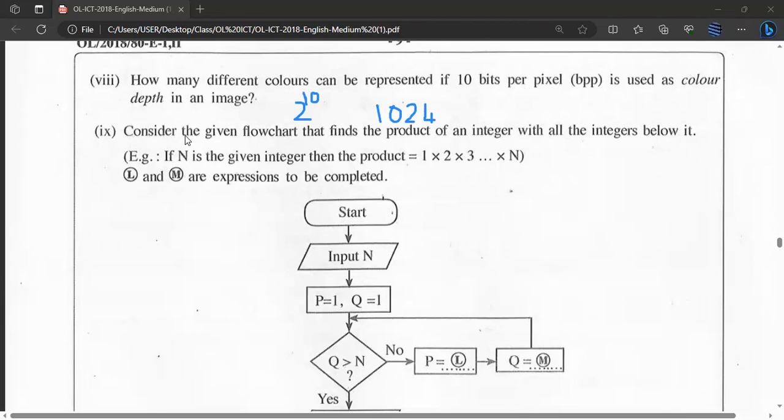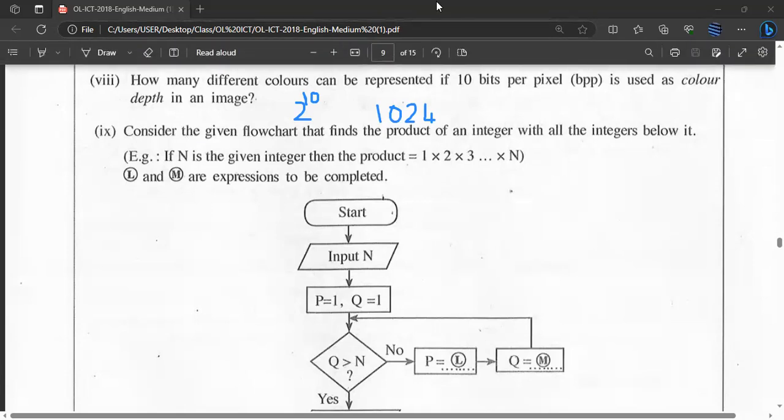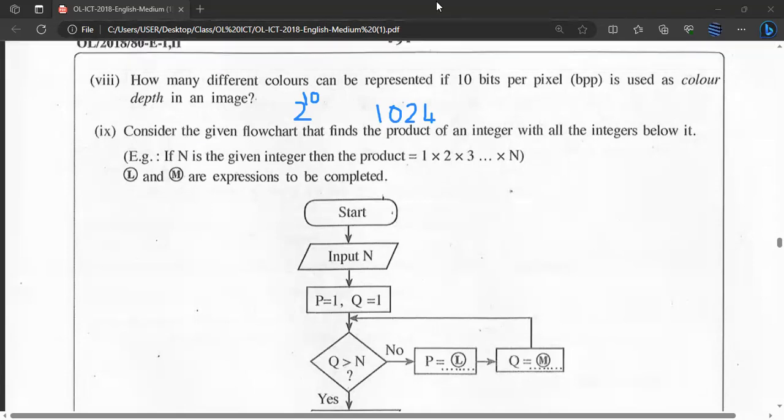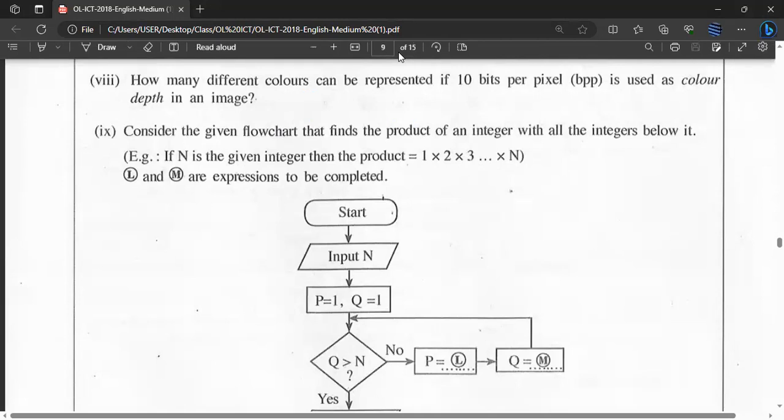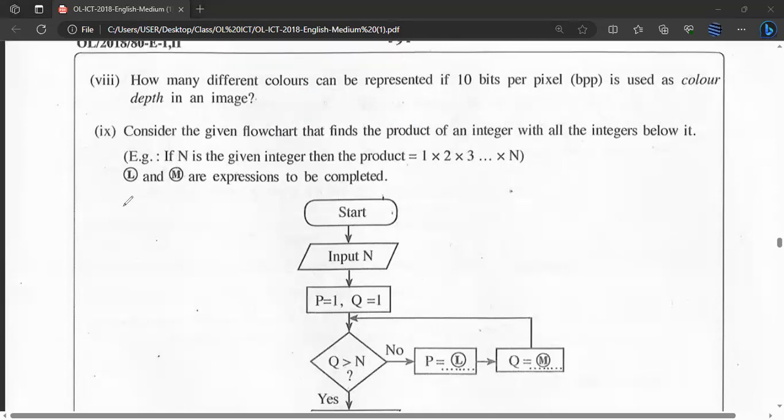Next question, consider the given flow chart that finds the product of an integer with all the given integers below it, right? So suppose, for an example, if n is 5, then 1 into 2 into 3 into 4 into 5, okay?